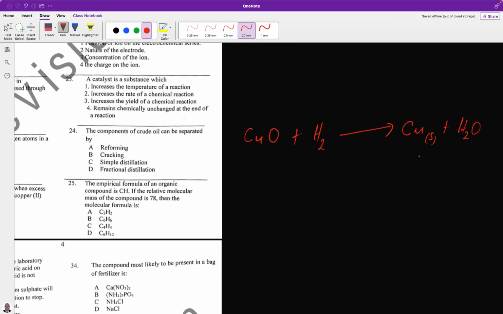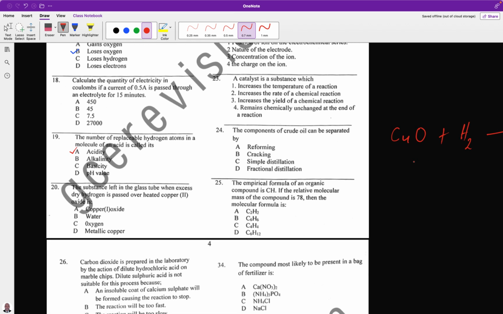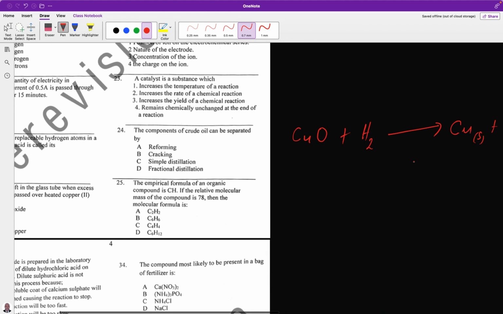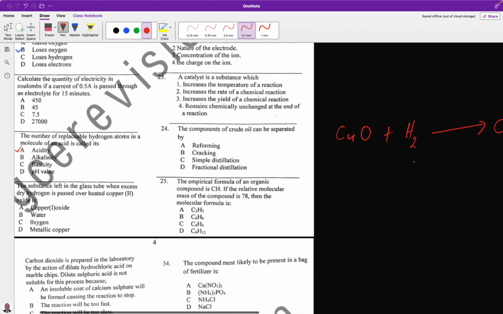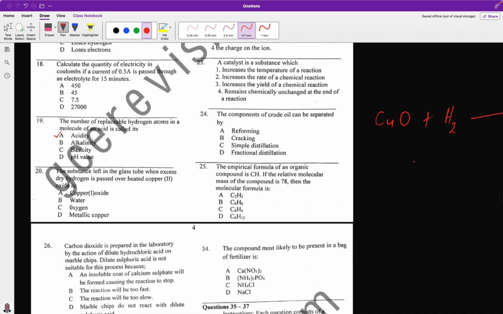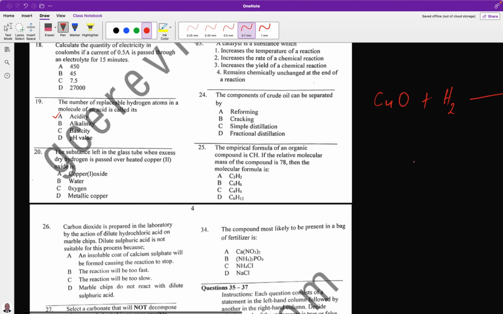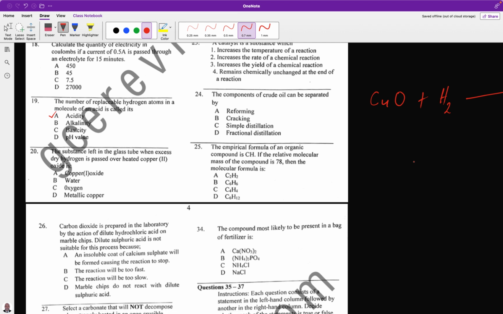So the substance left from the question, when excess dry hydrogen is passed over heated copper 2 oxide, will be metallic copper based on our reaction equation. So D is our right answer.